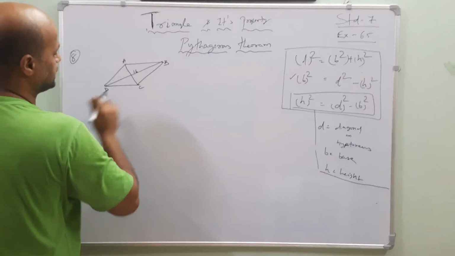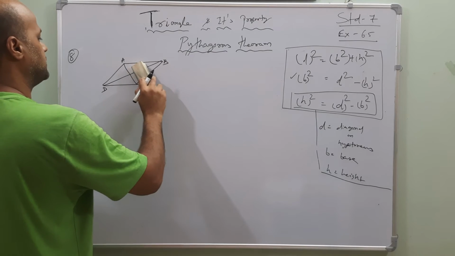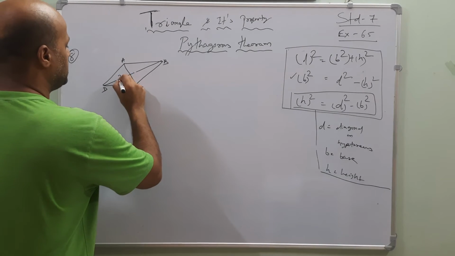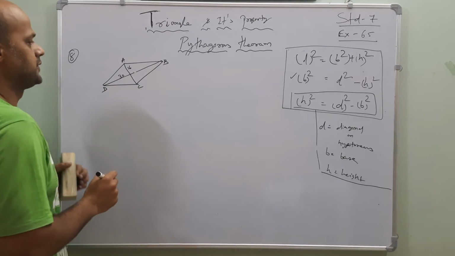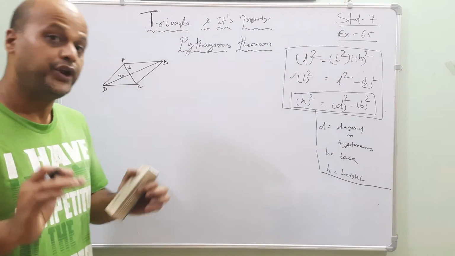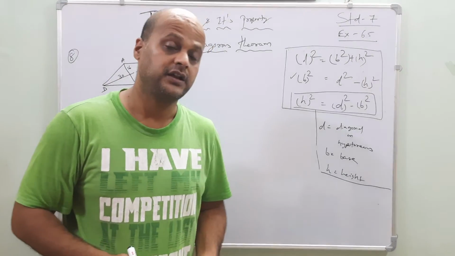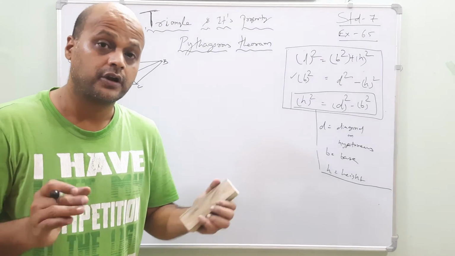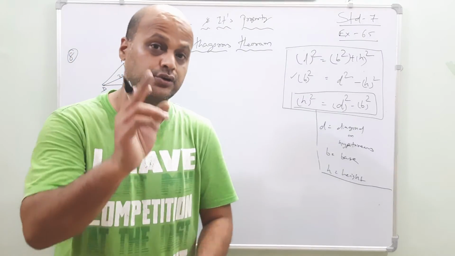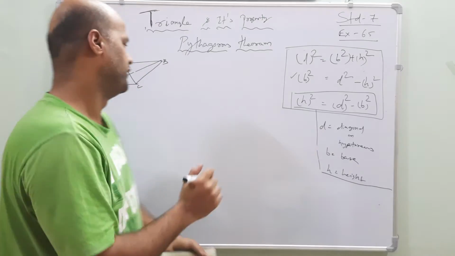Take this one as 16, and this one is 30. Okay. Now we know the property: the diagonals of a rhombus bisect each other into two equal halves. Yes or no? Good. Very good.